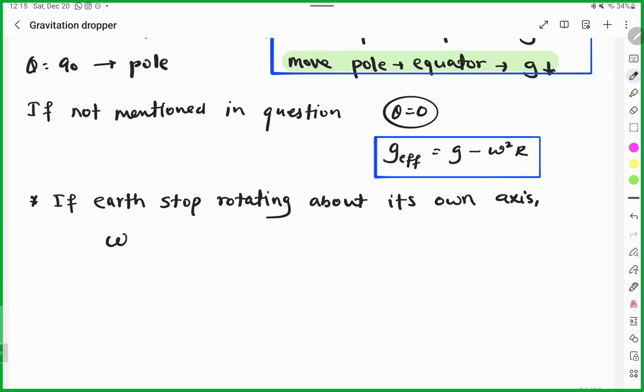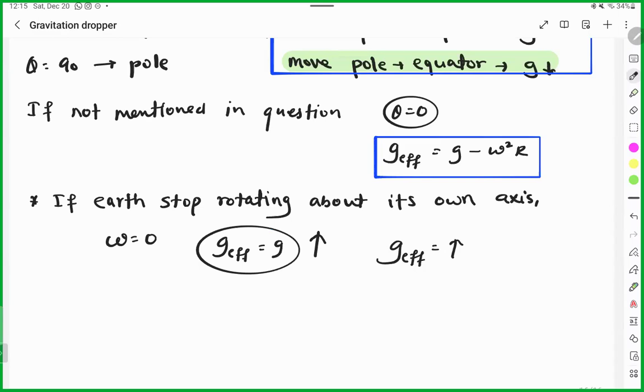Increase. Then your omega will become zero. Then g effective will become g. Automatically it will increase. G always remains the same. G effective will increase, right? Because initially it was minus, now there is no minus, so automatically it will increase. Okay, any doubts?